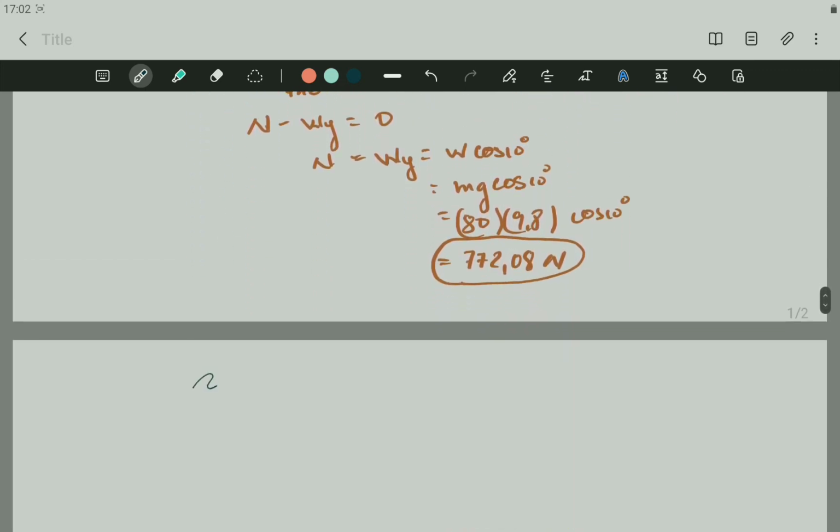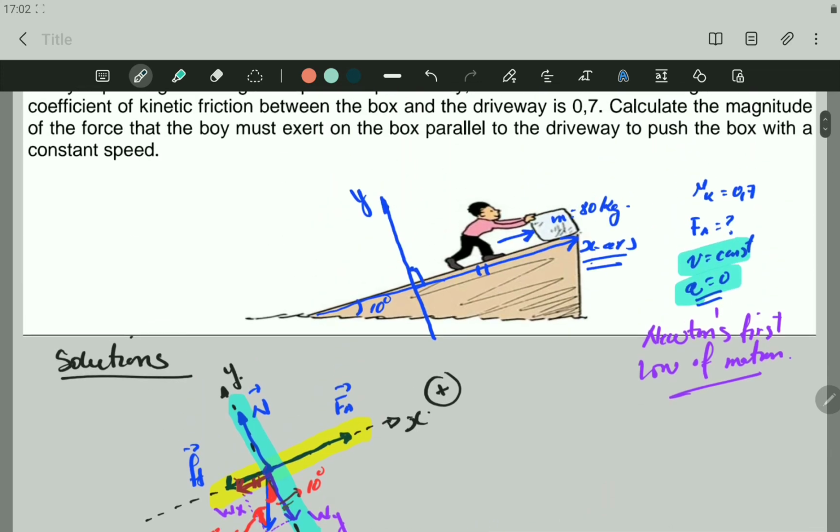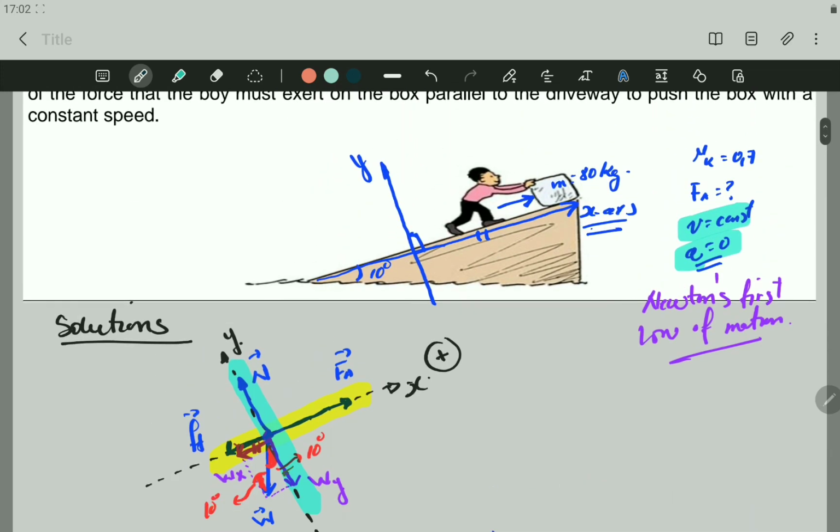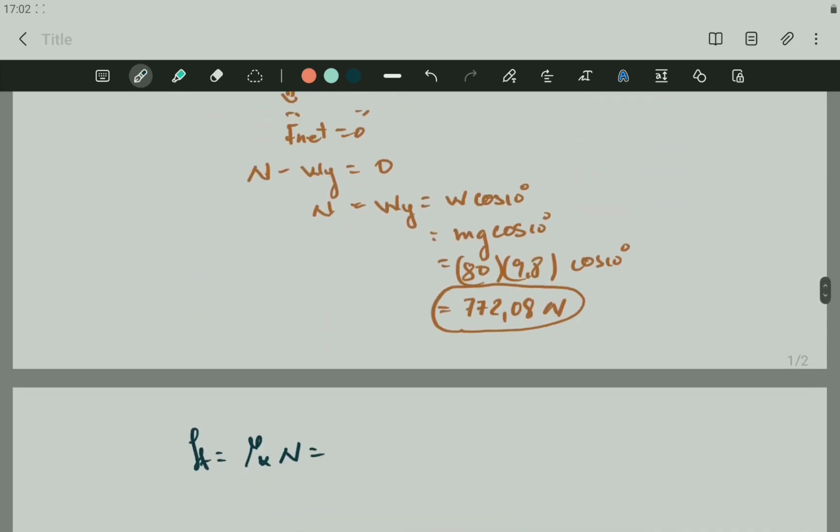Frictional force is equal to the kinetic coefficient of friction multiplied by normal. The kinetic coefficient of friction is given to us. It is 0.7, and the normal force calculated is 772.08.